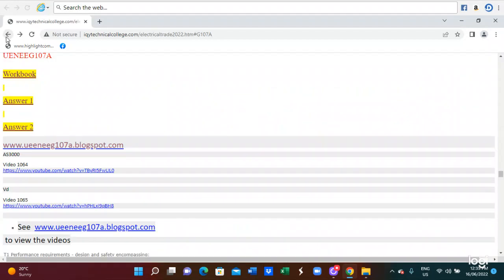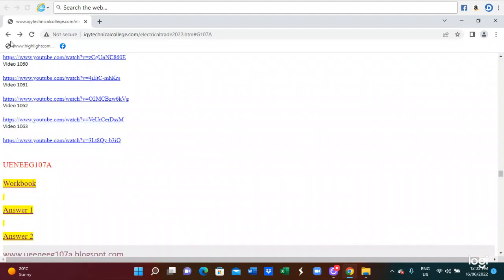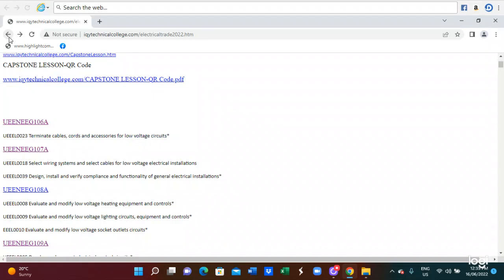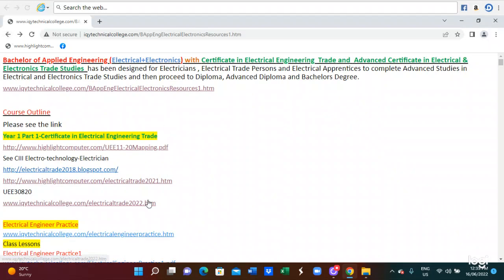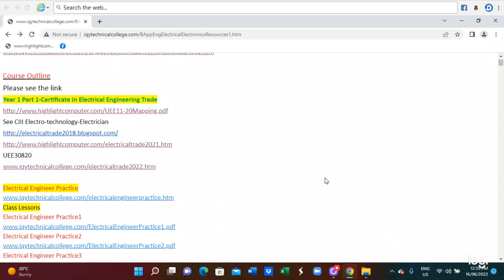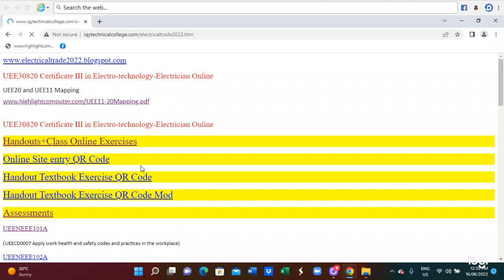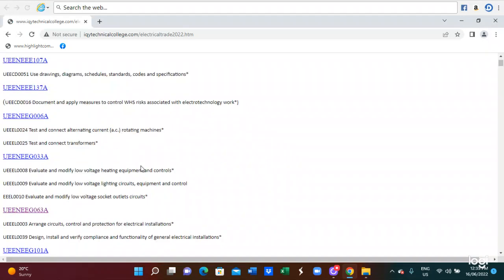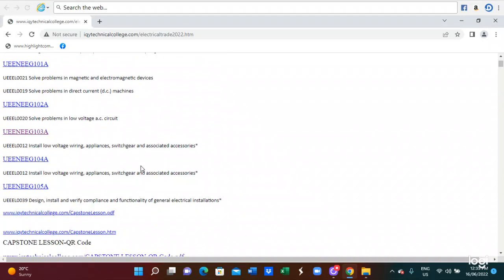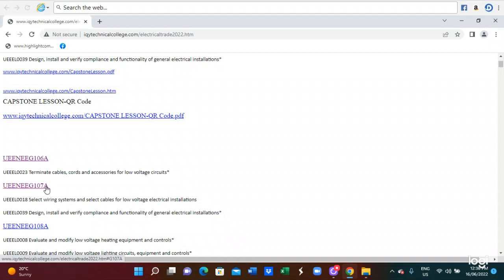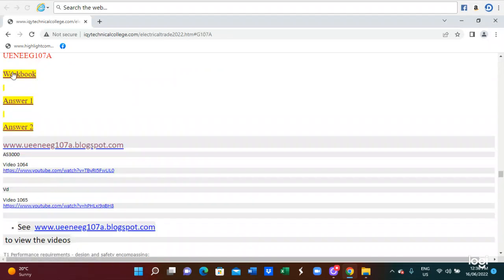Then from this one, I told you what to do. You have to click and select the electrical trade 2022 HTM. So you click this one. Then here you see there is a G107. Click the G107. Then you download the workbook and the answer for the workbook.